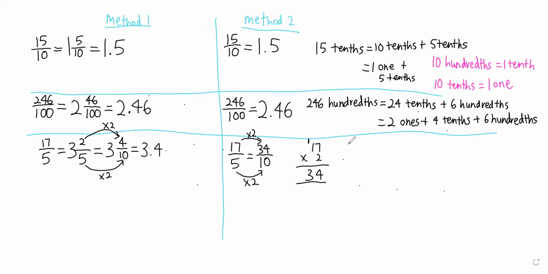So now I have 34 tenths. This is the same as taking 30 tenths plus 4 tenths, which is 3 ones plus 4 tenths.